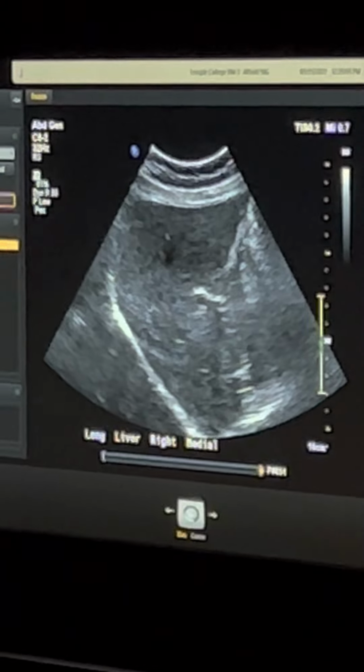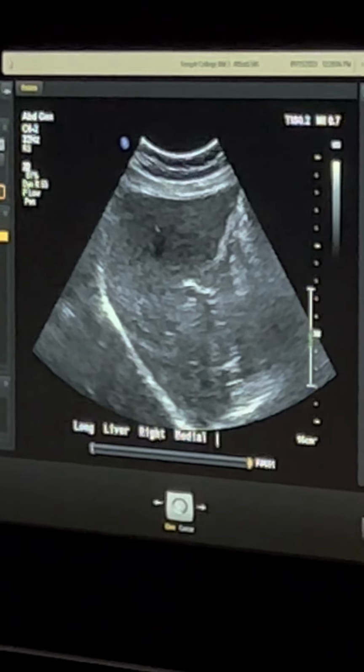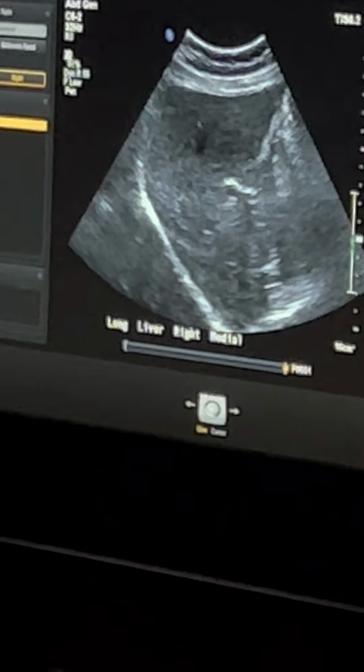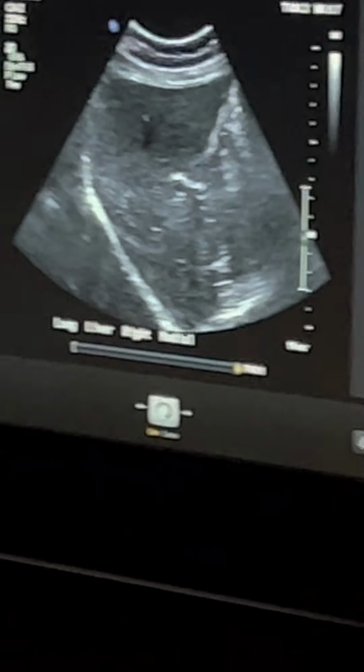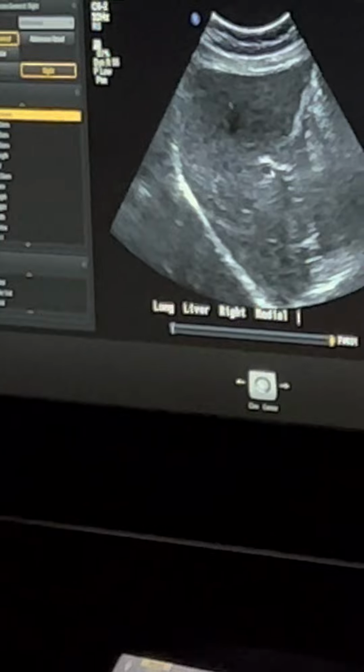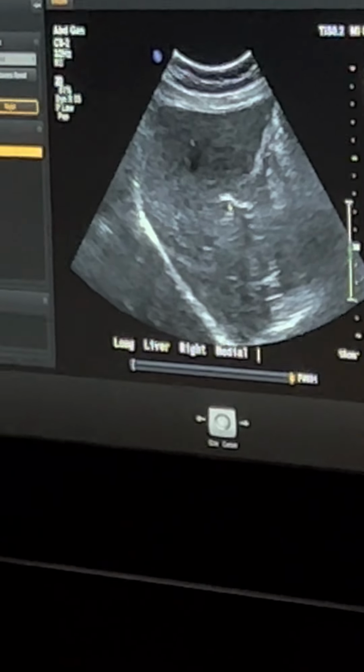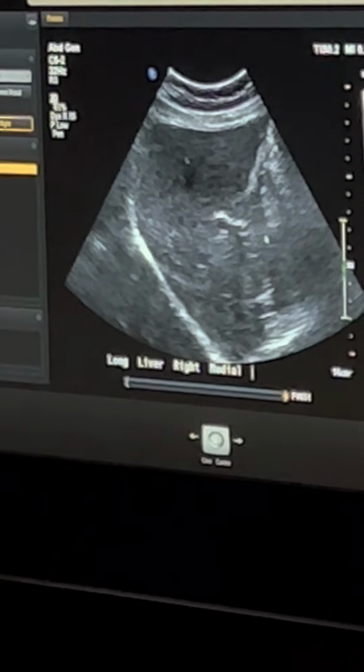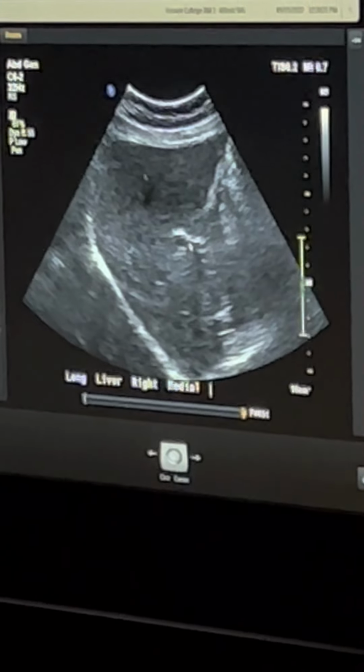For right lobe, what are you trying to get again? The landmark for the medial right lobe. Main portal vein. Main portal vein, right here. That's your medial. Sometimes you'll see gallbladder in here, but this is your landmark for medial, okay?